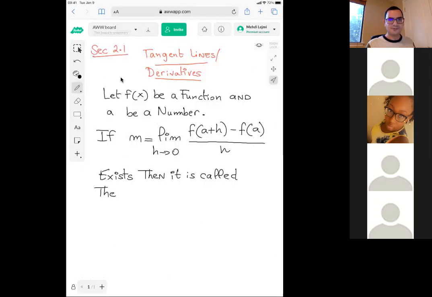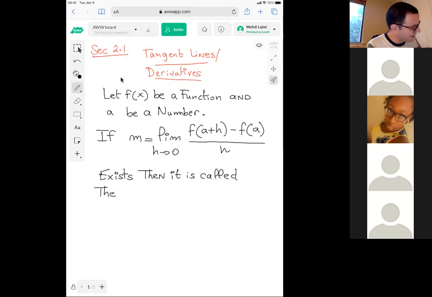I hope you see the board, guys. Do you see it? Yes, we see it. I have some problem connecting my iPad to the computer. I don't know what the problem is, but anyway.